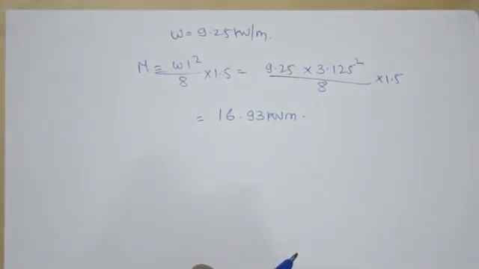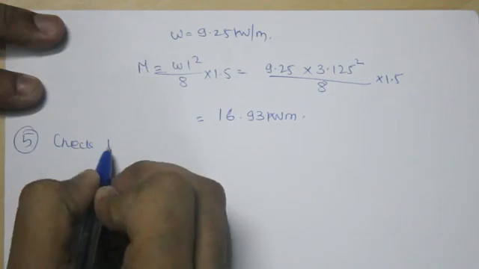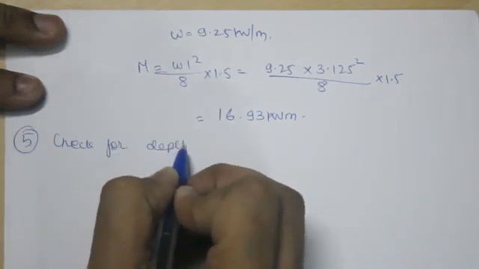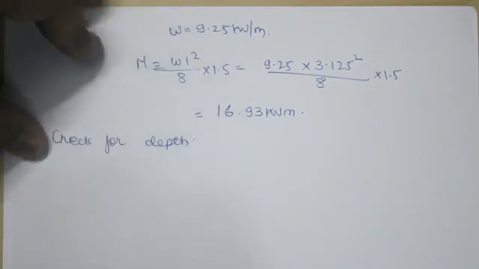So the next step after this would be to calculate the depth of the slab using bending moment consideration. So the first step would be check for depth. Most of the time your slab would be safe in this check.